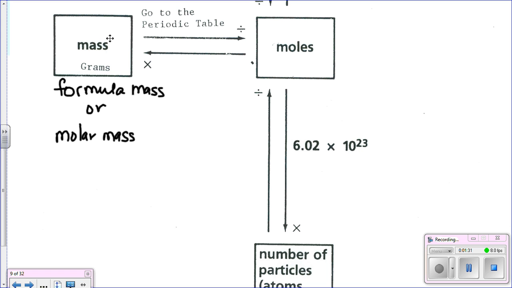When you start your first equality in your problem, the box you're starting in, which is your number of atoms, will go in the bottom, and the box you're going to, which is your number of moles, will go in the top of your equality. We're going to be using Avogadro's number in this equality.